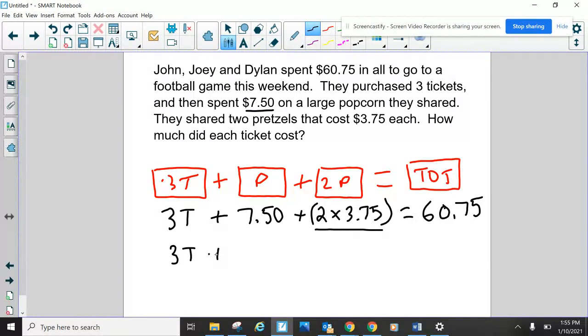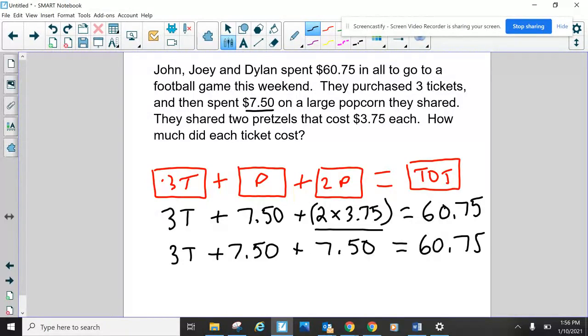So everything else is going to stay on that line. Now, 2 times 3.75, I'm going to go off to the side and do that. And that happens to be $7.50. And that's equal to $60.75.